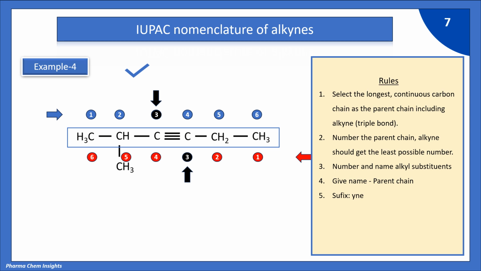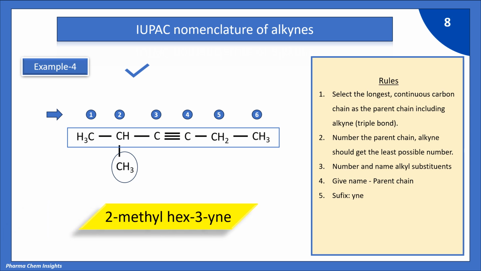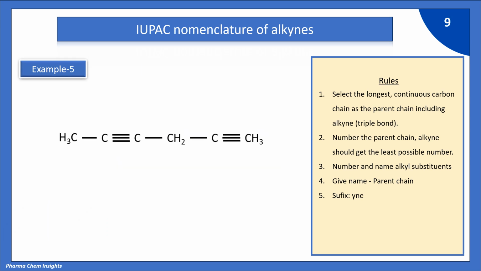So we will move to the next rule, that is, we will see the position of groups or substituents. Here we have one methyl substituent which is getting the least number from the blue end, and hence we would consider the numbering written in blue to be correct. Now the name of the compound would be 2-methylhex-3-yne.